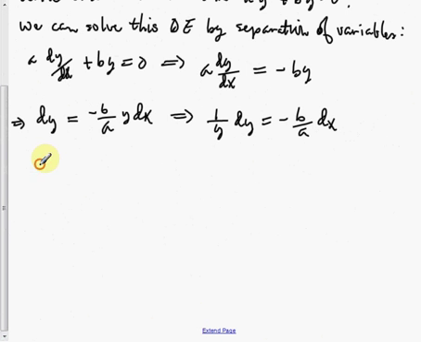Integrating both sides, we have the natural log of the absolute value of y equal to negative b over a times x plus some constant. Let's call it c sub 1. Exponentiate both sides.